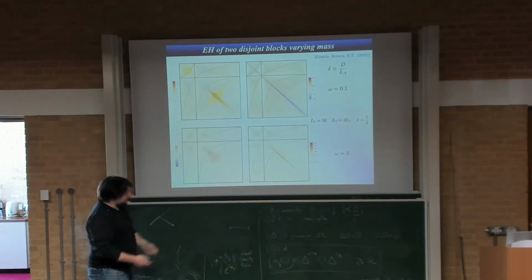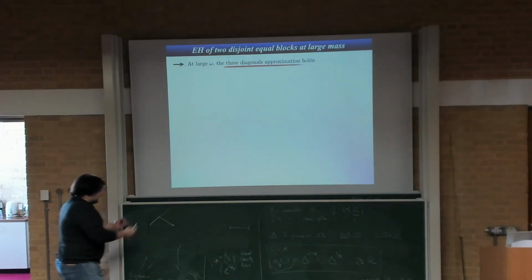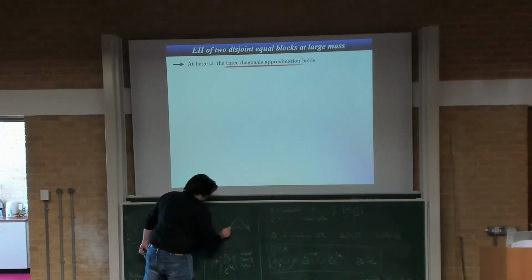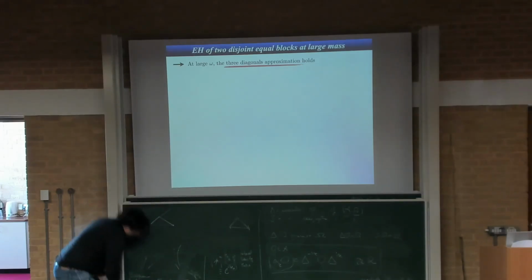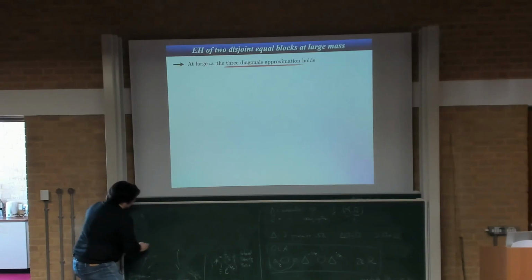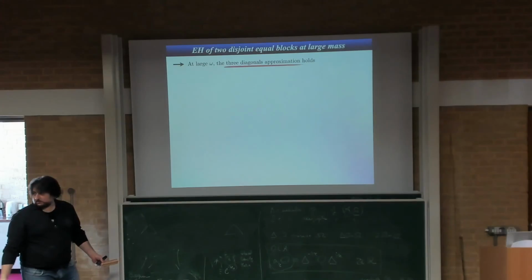But what happens on the diagonal? Well, now you guess, no? You say, okay, for very large distance, the intervals do not see each other, so you expect two triangles.